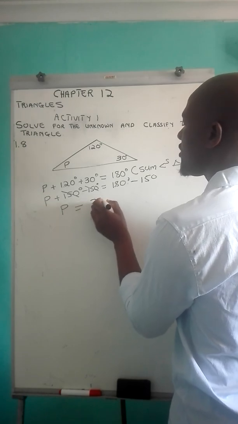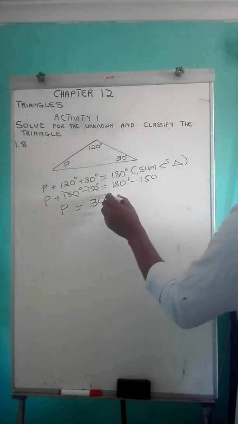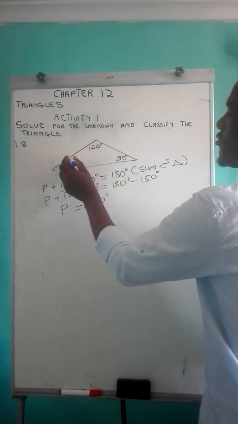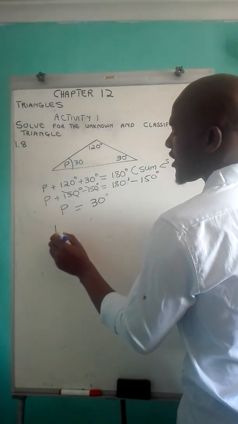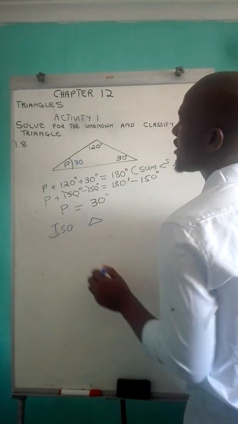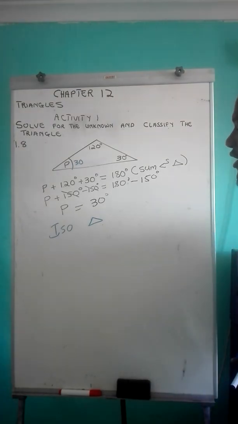It is equal to 30 degrees. So I know this value of P is 30 degrees. So this is an isosceles triangle. Classify the triangle. Because two angles are equal, it's an isosceles triangle.